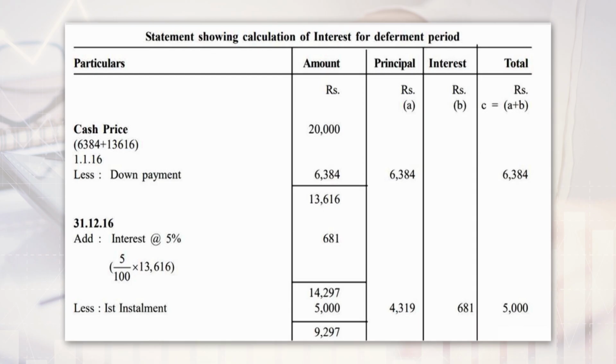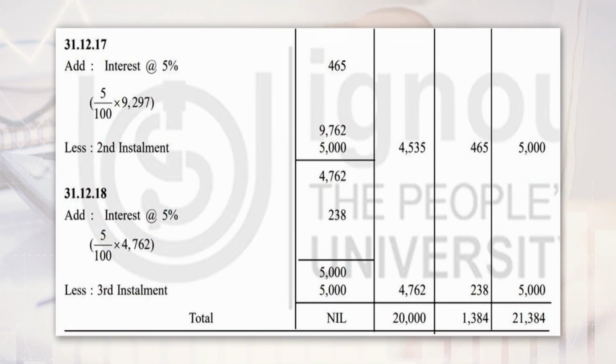Now after subtracting the first installment of 5,000, this is 9,297. Now we will calculate the amount of interest on this outstanding amount, 9,297, at 5% interest, that is 465. So total it is 9,762. Then second installment 5,000. After subtracting, this is 4,762.